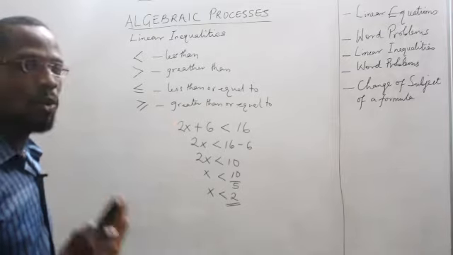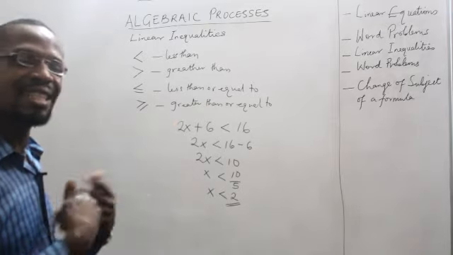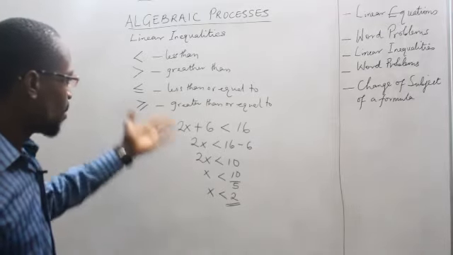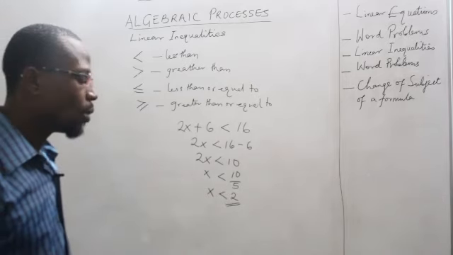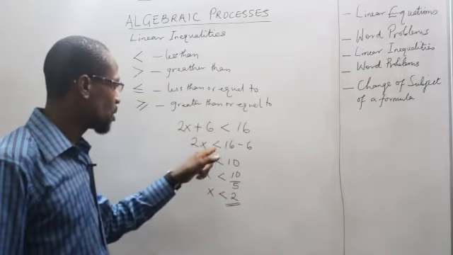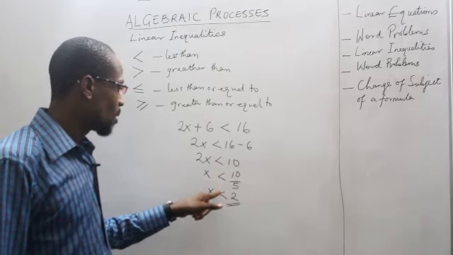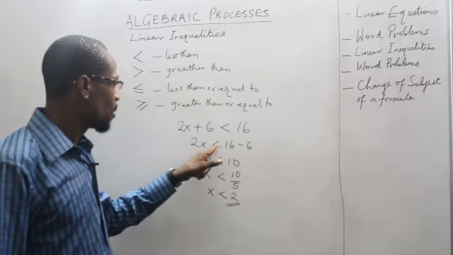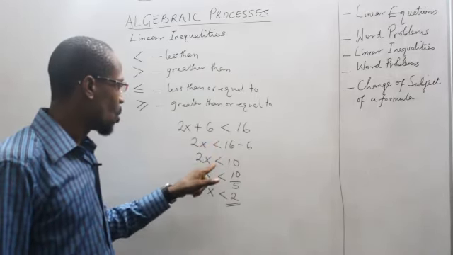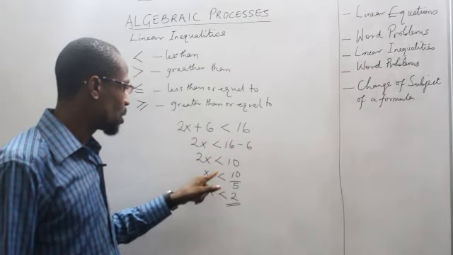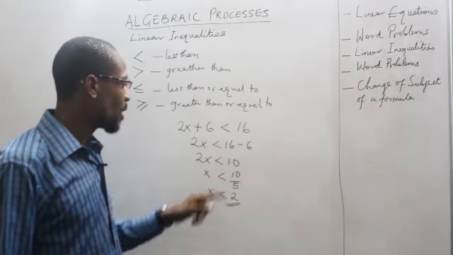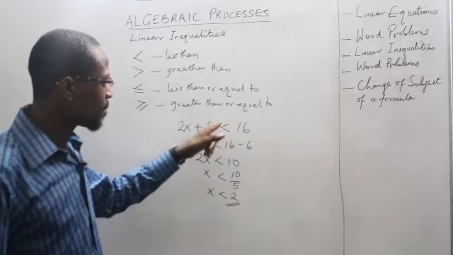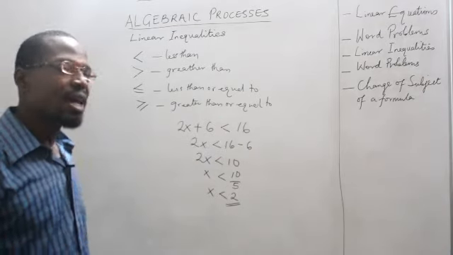Now this is the way it works. It's just as simple as that. The same procedure, the same process. Only be sure that you do not use any other symbol apart from the symbol indicated above.